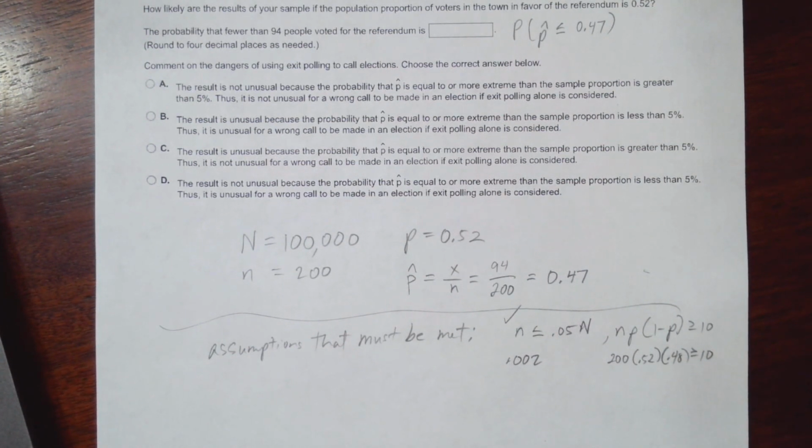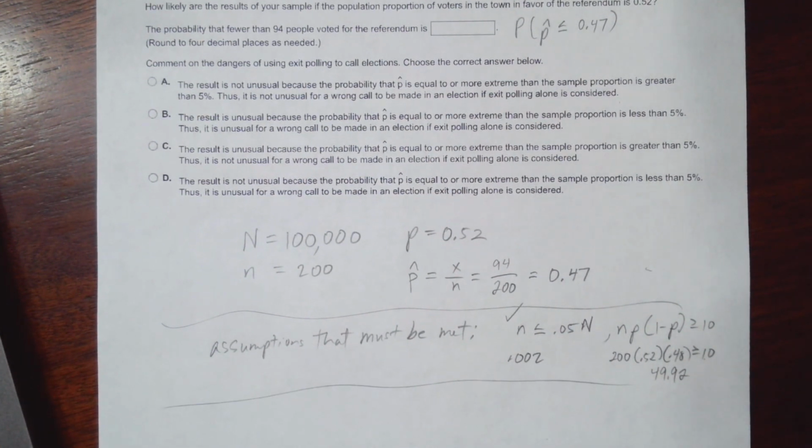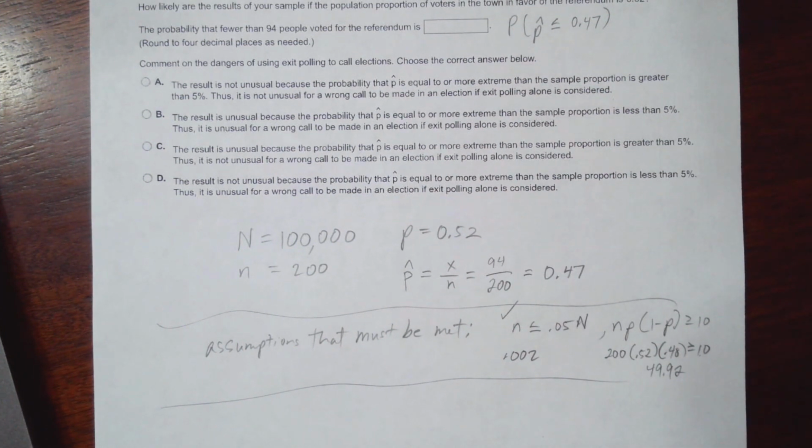If you multiply that out, 200 times 0.52 times 0.48, you get 49.92. So we're definitely bigger than 10. And so our assumptions have been met. We do have a normal distribution, and so now we can go to the normal calculator.